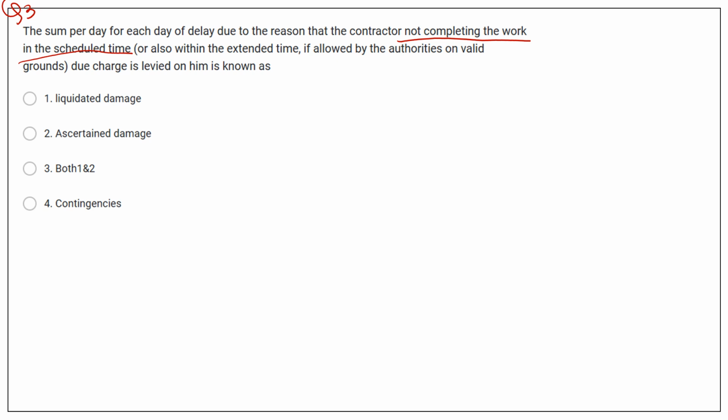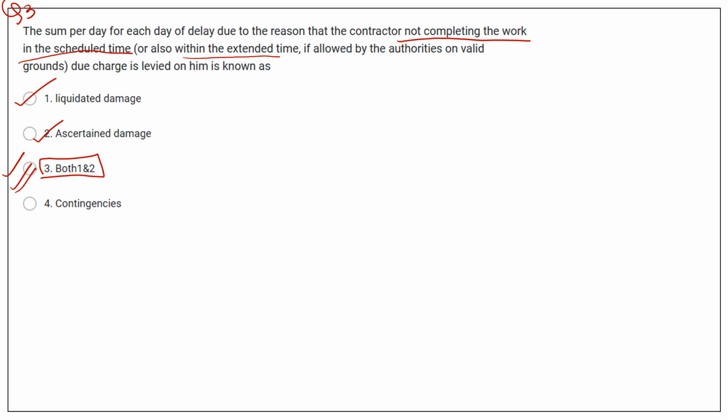Here not completing the work within the scheduled time or within the extended time is nothing but liquidated damage, and liquidated damage is also known as certain damage. So here option number 3, both 1 and 2, is correct.